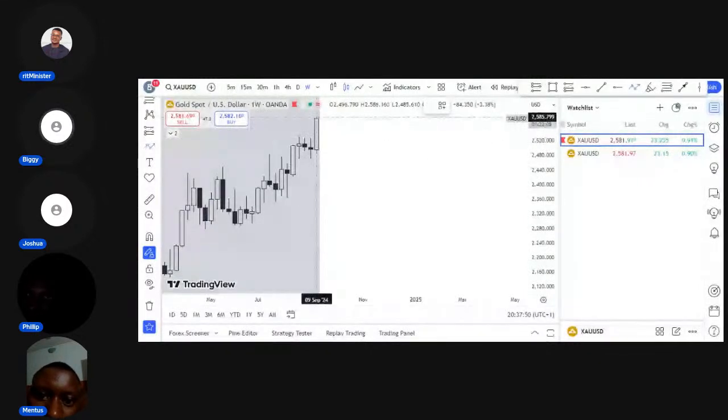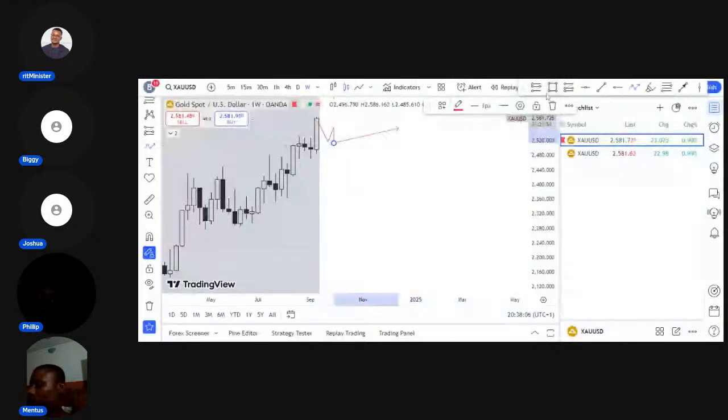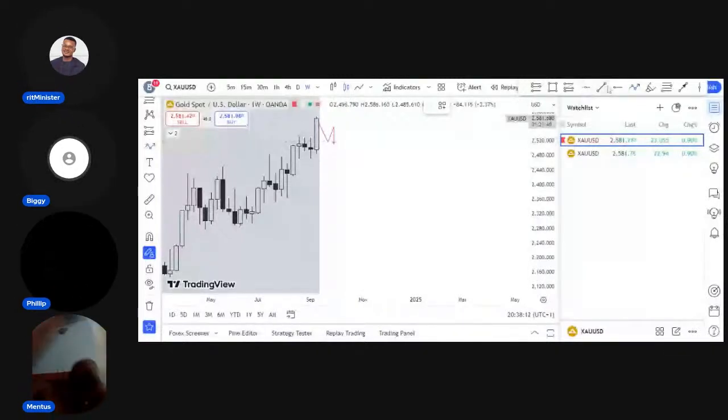if this market should start coming down here now, this is our recent zone here. This place is our recent zone.